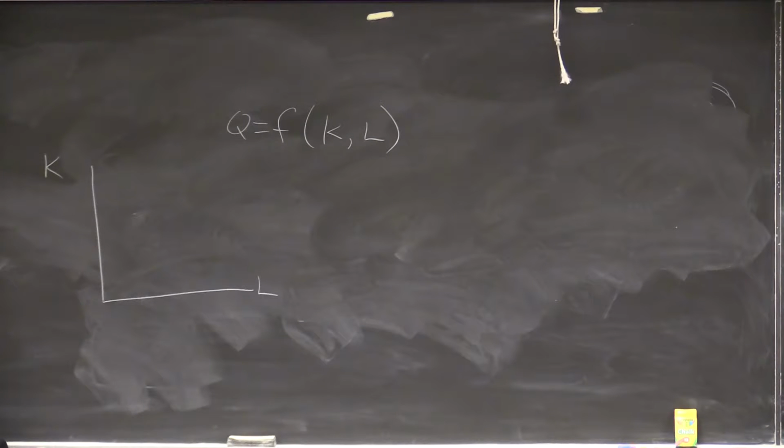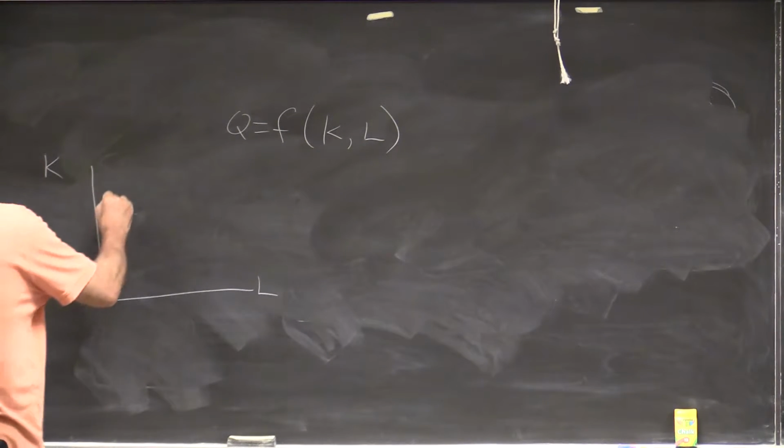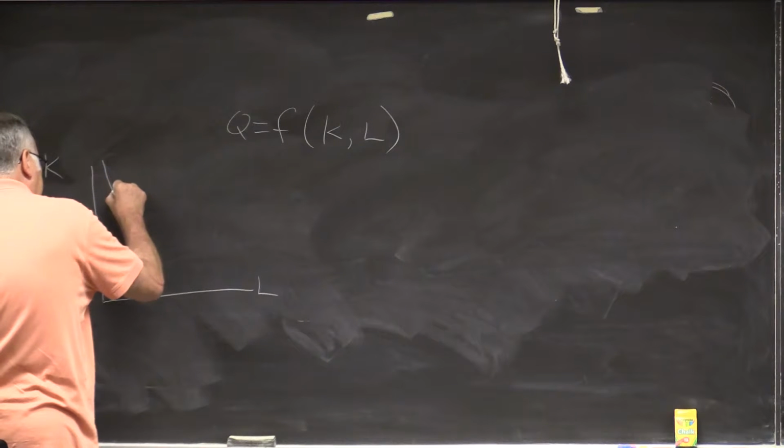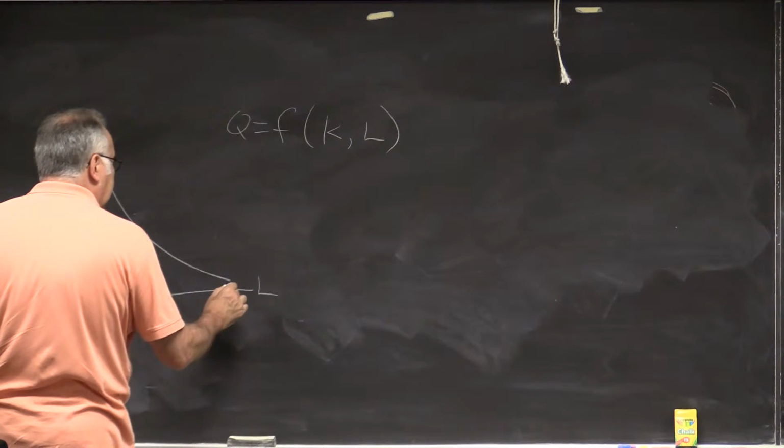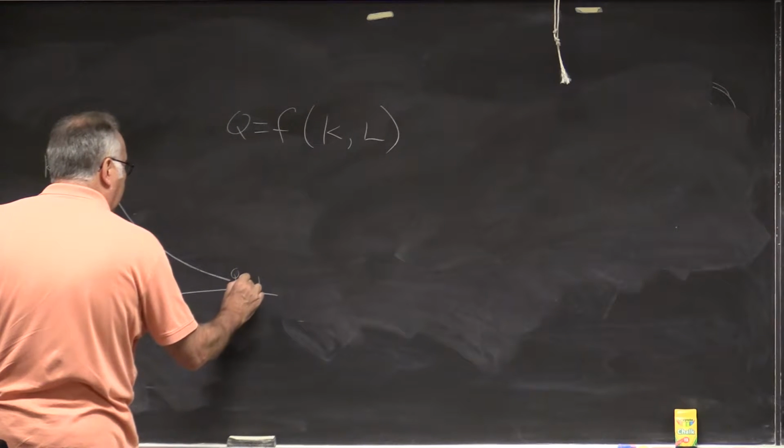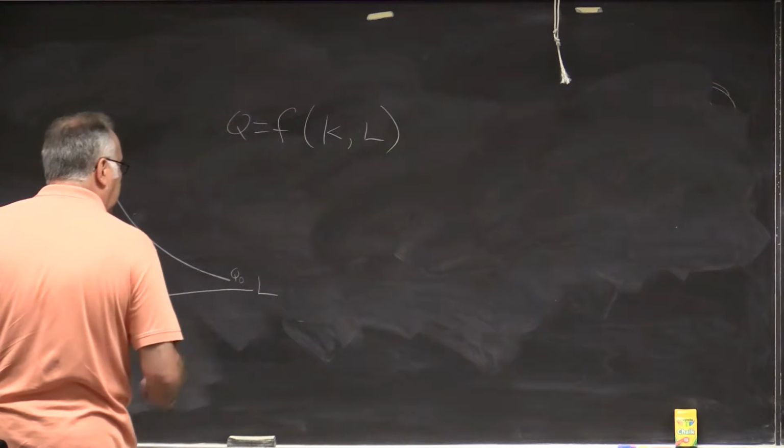Let's measure capital on the vertical axis and labor on the horizontal axis. If you take all the different combinations of these two inputs that produce a given level of output, and you map these out on the curve, you might get a nice isoquant that looks something like this. Okay, and this is an isoquant for Q equals Q sub 0.